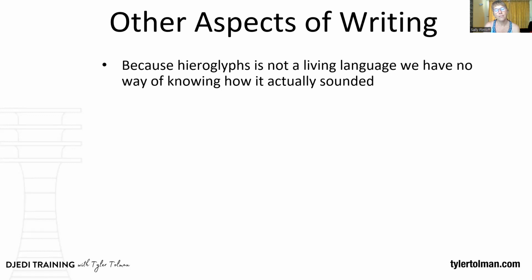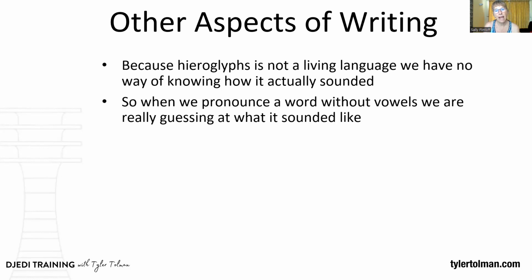Because hieroglyphs is no longer a living language, we don't have anybody speaking ancient hieroglyphics. We've got no way of really knowing how the hieroglyphs actually sounded. So when we pronounce a word without the vowels, we're really taking a guess at what it might have sounded like.